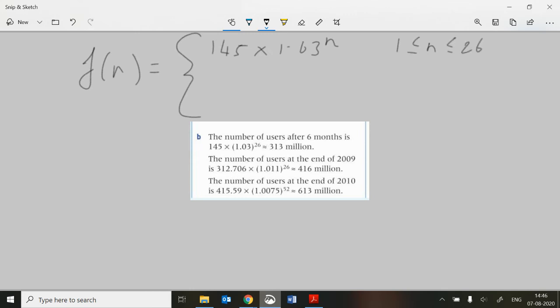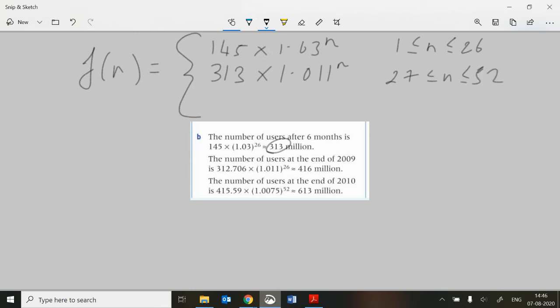And then for the next one, we start at 313 million. You could be more precise than this, but I'm just doing this approximately. So 313 million, I know this is rounded off, but 313 million times 1.011 to the power of, now we can't say n here because we now need the months 27 to 52.